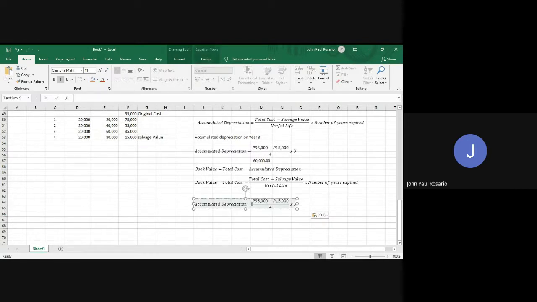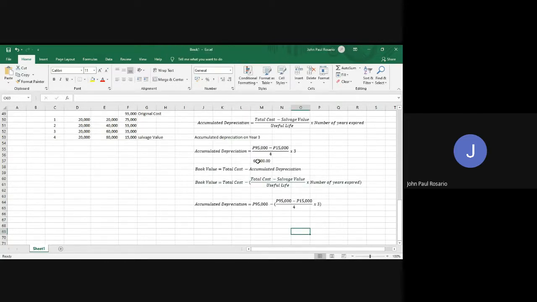This is our original cost of 95,000, and we deduct from it this one. If we solve for it, then it would look like this. So we'll just have to add here 95,000 plus. Okay, so your book value on year 3 is 35,000.